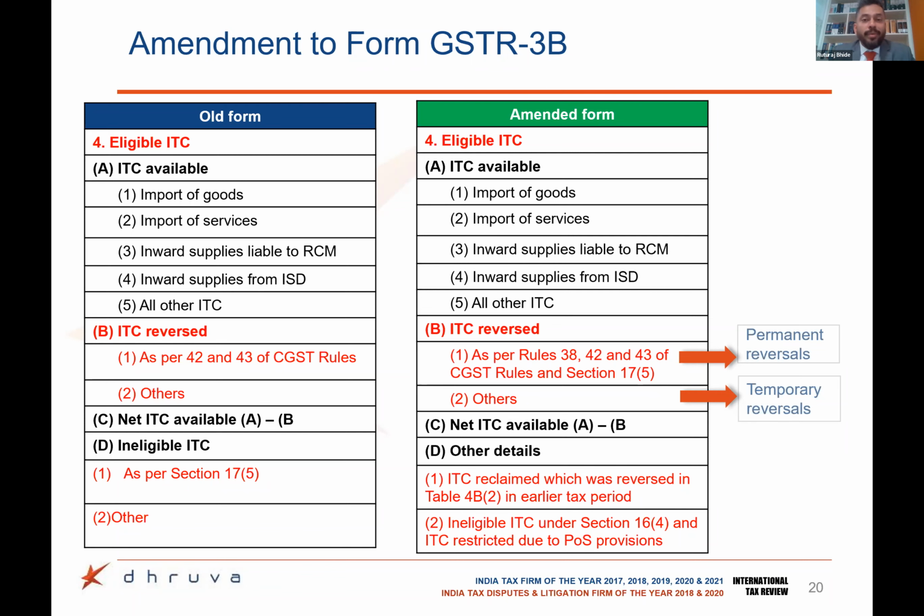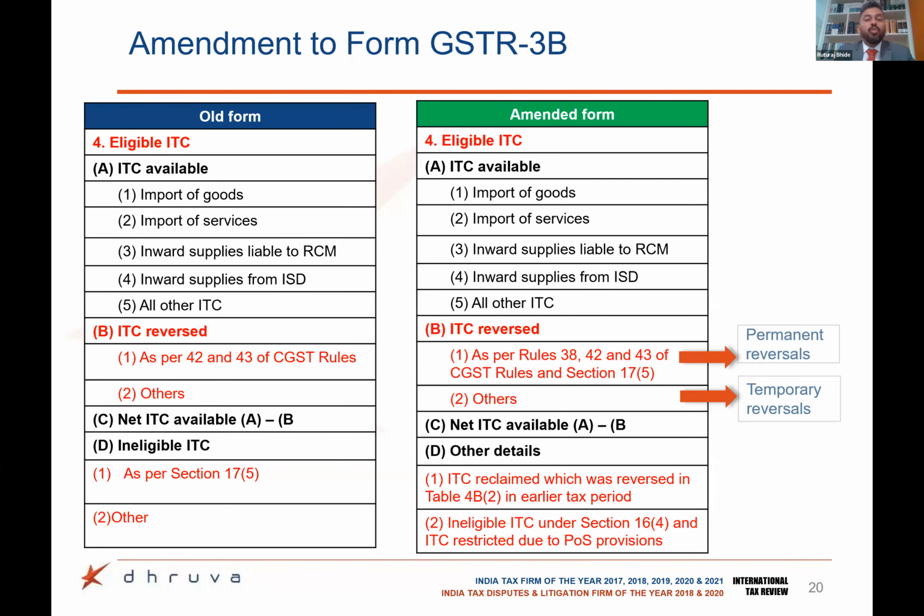So, assuming that till the time of filing the July return, these changes have not been incorporated in the portal, then perhaps for the month of July, we don't have to make reporting in this manner. But it's just a matter of 1 or 2 months.